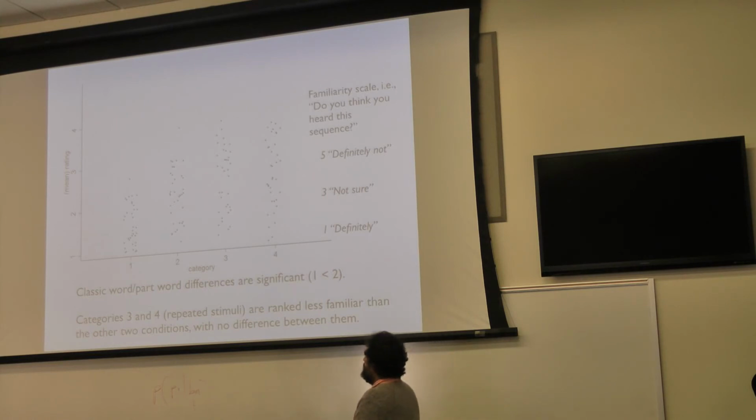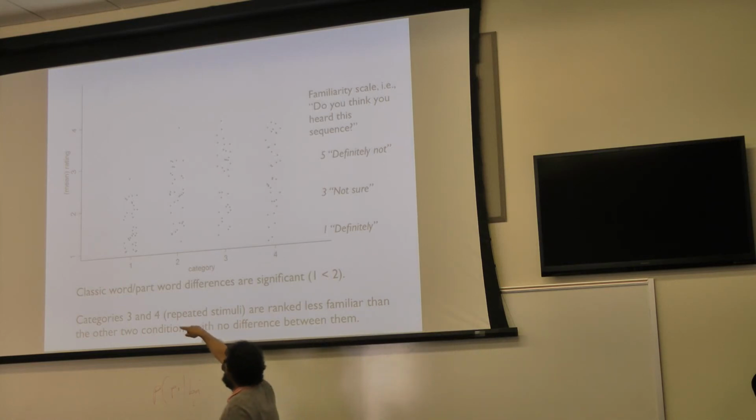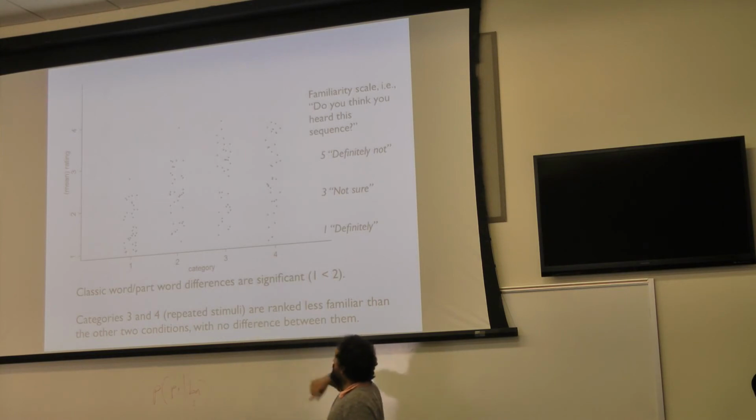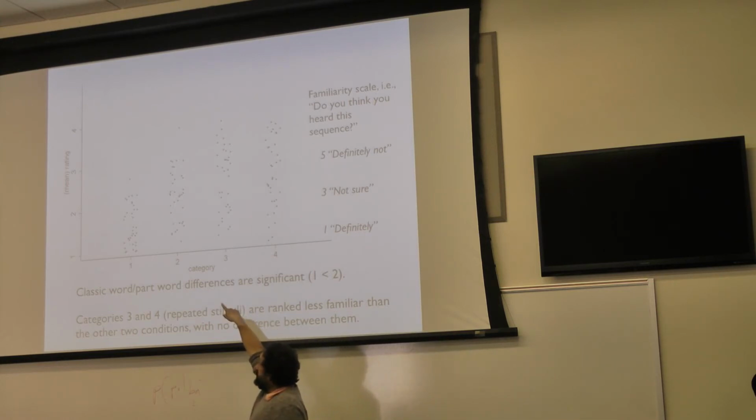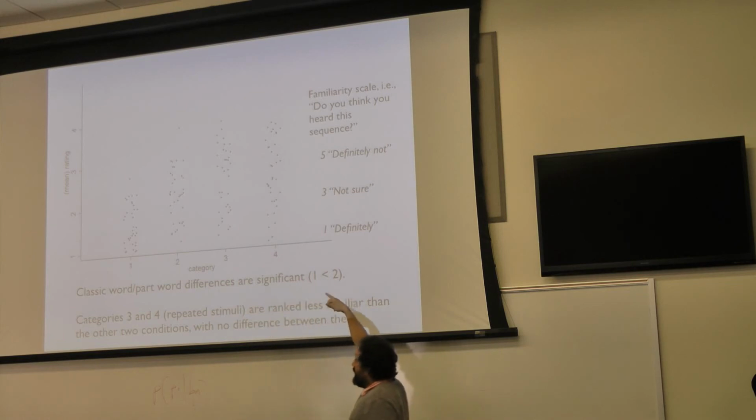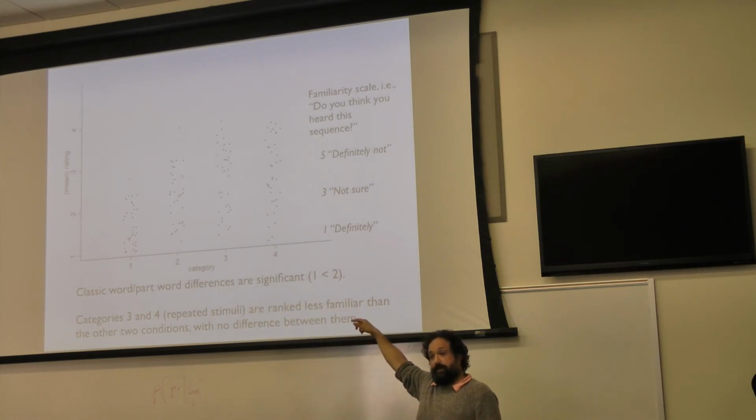Okay, so under these circumstances, you get this classic word versus part word difference. The word stimuli are rated as definitely or almost definitely heard. The part words now pull apart from these other non-word conditions, which we expect because those non-word conditions are repeated.